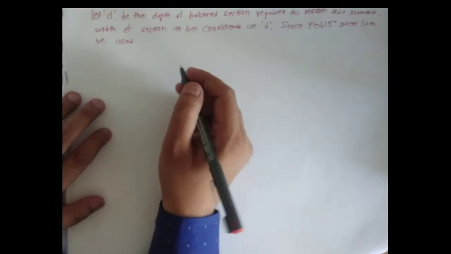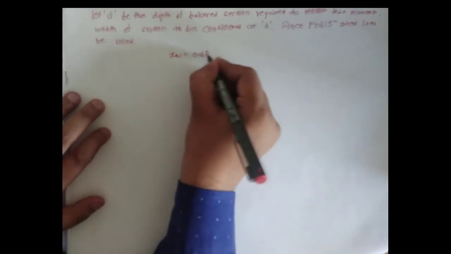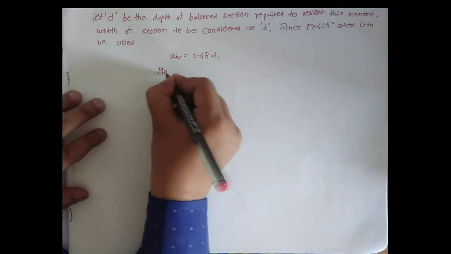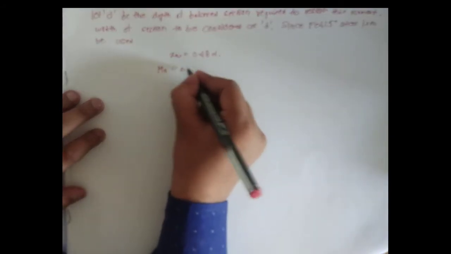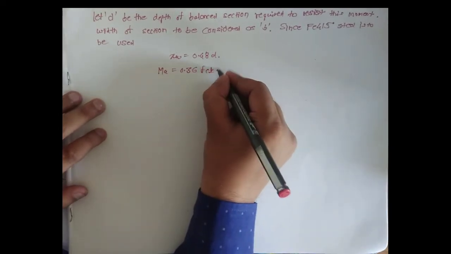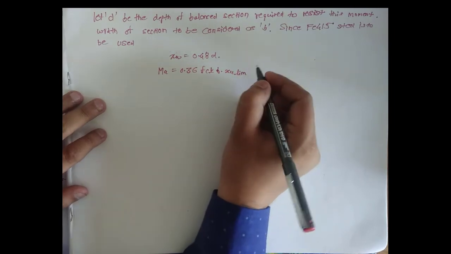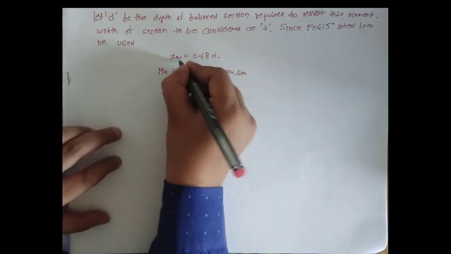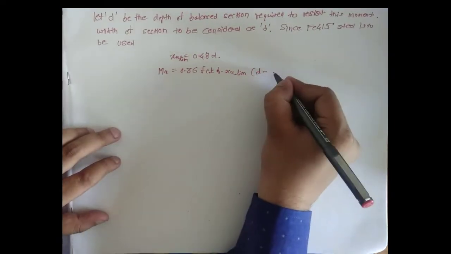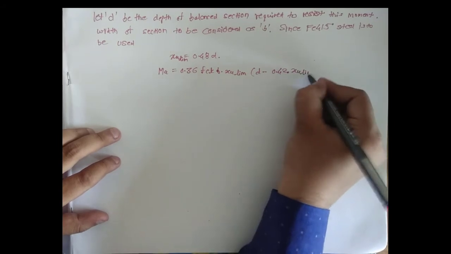from IS you will get that XU equals 0.48 D. Then you know from IS 456, MU equals 0.36 FCK into B into XU limit into D minus 0.42 into XU limit.